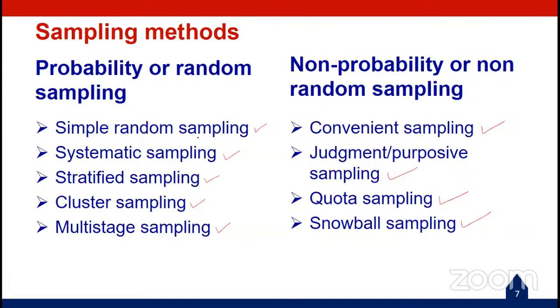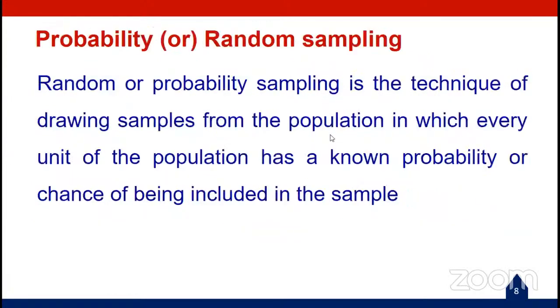So first we will see what we mean by probability or random sampling method. As the name suggests, in probability sampling, every sampling unit will have some specific or designated probability of being included in the sample.